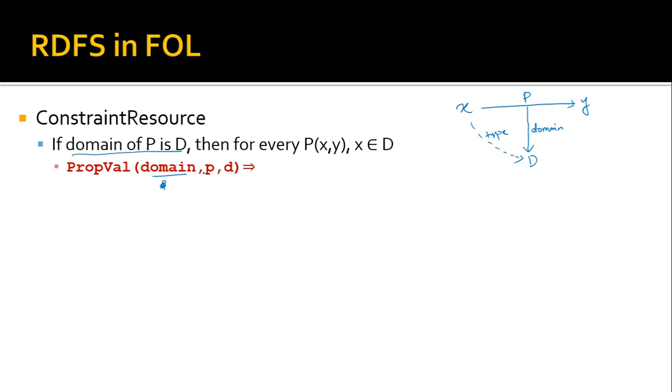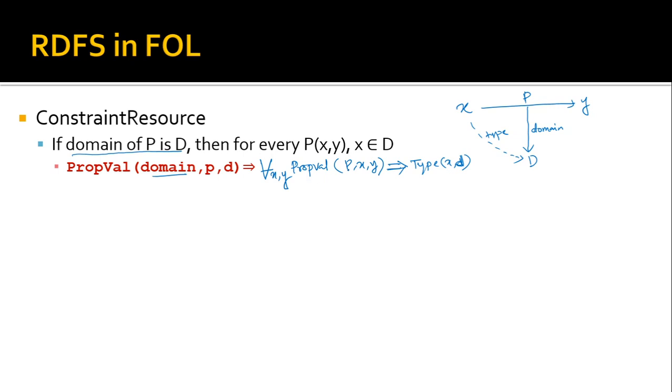So don't be confused with this P. The domain of P is D. If you have something like prop val P x y, from this you can infer that the type of x is D. Basically, x is an instance of D, and that should hold true for any given x and y.